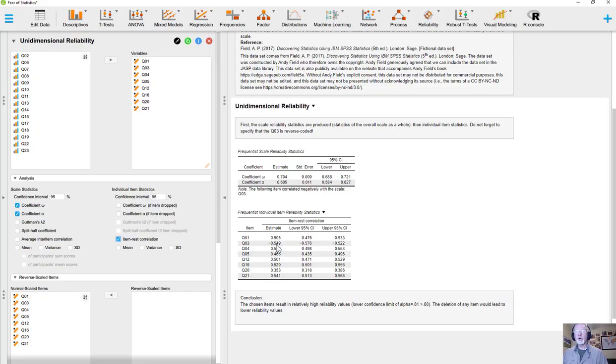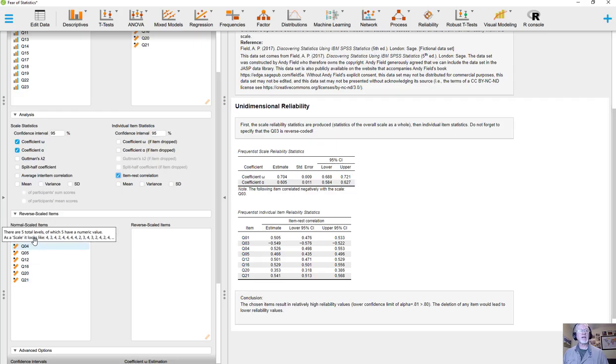The reason for that is that we forgot, we actually did it on purpose, but if you're doing real research, you can often forget when you go to look at your reliabilities to have recoded an item that is going in the opposite direction. What do you do about that?